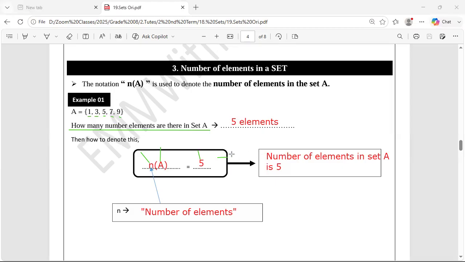This is the full meaning: the number of elements in set A is 5. This N stands for number of elements.